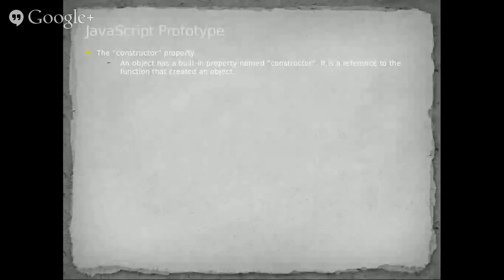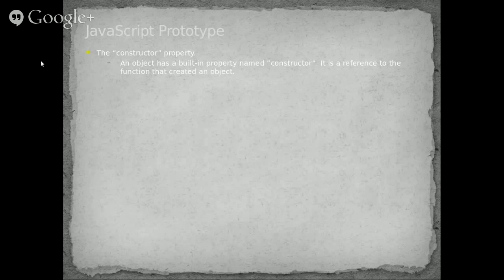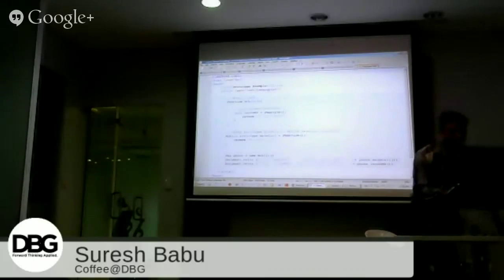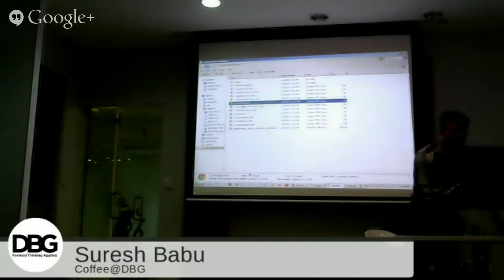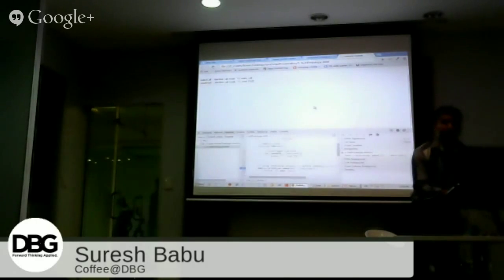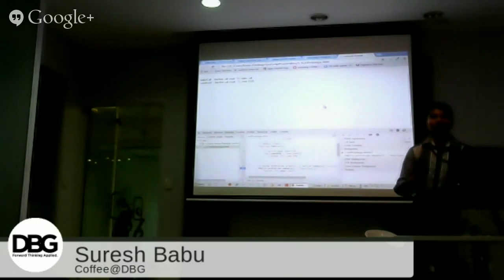I am using the same sample. I'm going to explain about a constructor. I said when we declare a function like this, it will have a constructor. How many of you know the developer tools from Chrome?